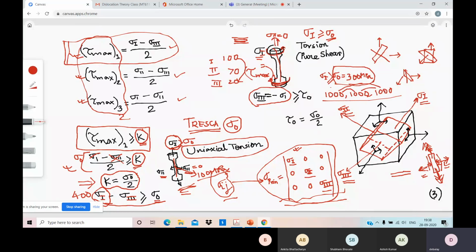When we stand in free air, we are under hydrostatic pressure from all sides, which balances us. That's why we do not fall down or our skin does not get distorted, because there is no shear on us.